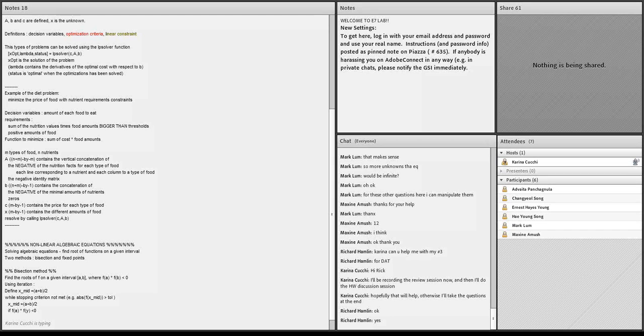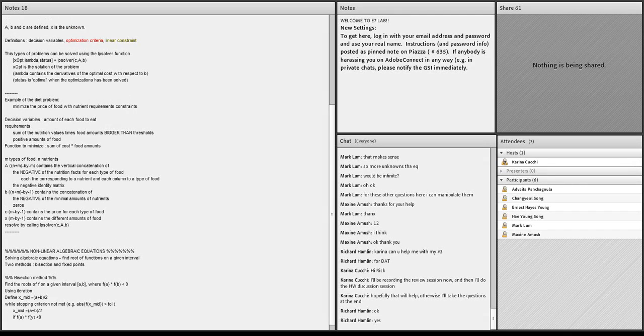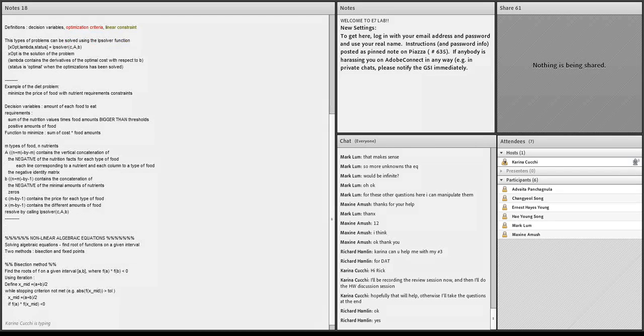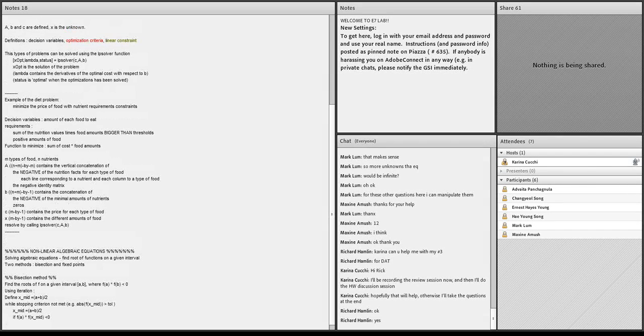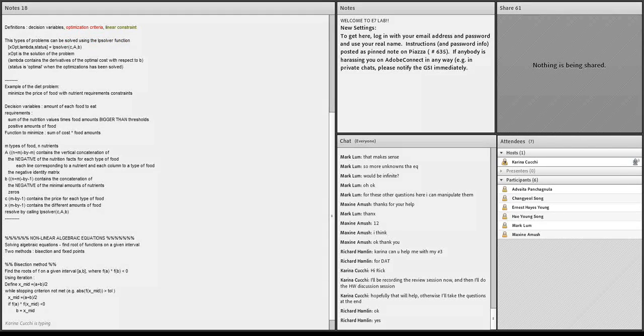if f of a and f of x mid have different signs, then you know that the solution will be somewhere between a and x mid, and you define b to be x mid.